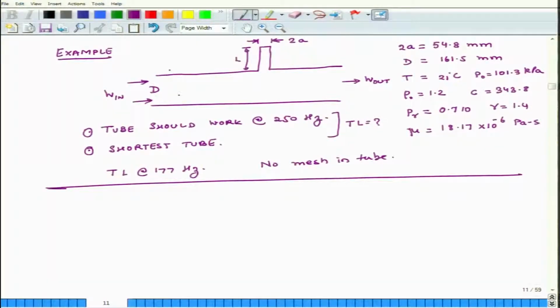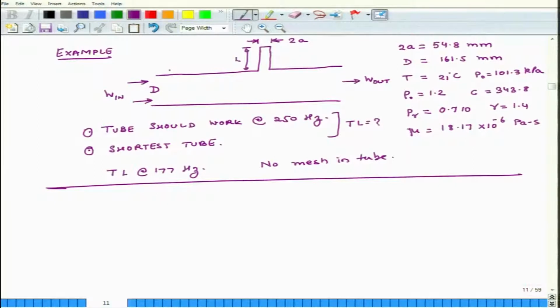Today is the fourth day of this course, and what we plan to do today is complete the example problem which we had set up yesterday. There is a tube with a diameter of 161.5 millimeters, attached to a side branch muffler, which is essentially a closed tube of some length. Air is flowing through it, and the properties of the air are given.